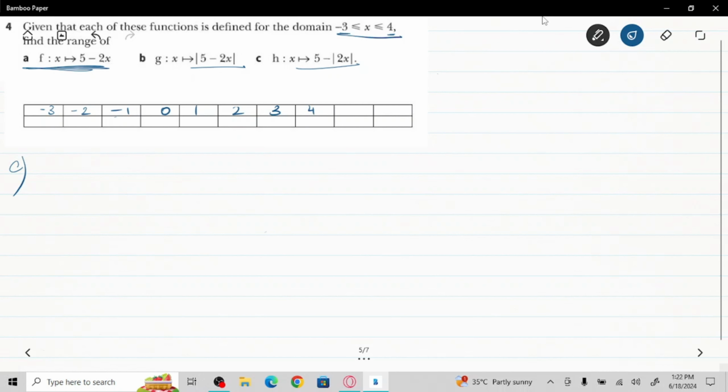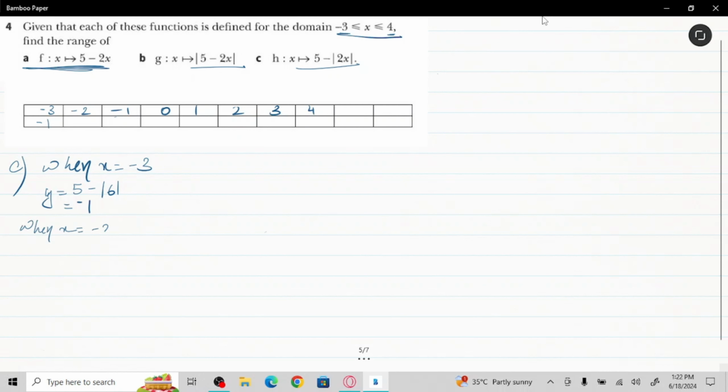Okay, so when x is equal to -3, we have y equals 5 minus 2 multiplied by 3 is 6, so 5 minus 6 is -1 in a modulus... it will become -1. When x is equal to -2, we have 5 minus 4, which will become 1.